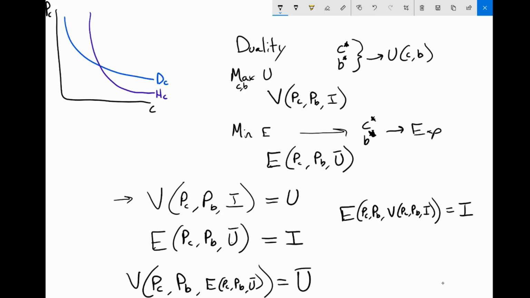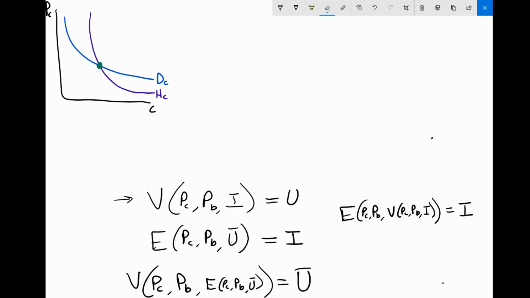So what this means is that the value function intersects with the expenditure function at one point, and that is this point. There's one point at which these demand functions intersect. It's related to this duality idea.